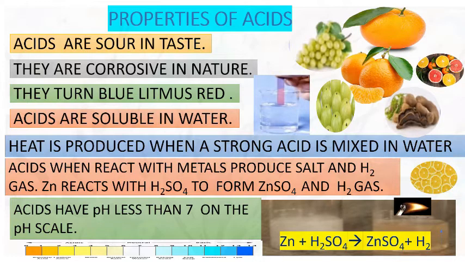That is why they are not stored in metallic containers. They are stored in glass and ceramic containers. If we test acid with litmus paper, it turns blue litmus red. What is litmus? Litmus is a natural indicator used to determine whether a solution is an acid or not.